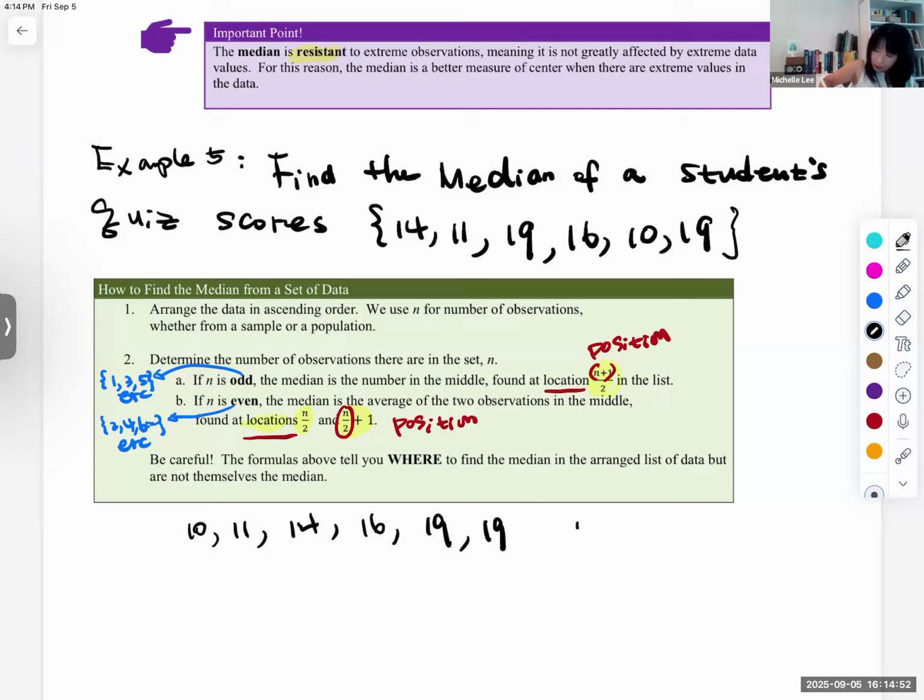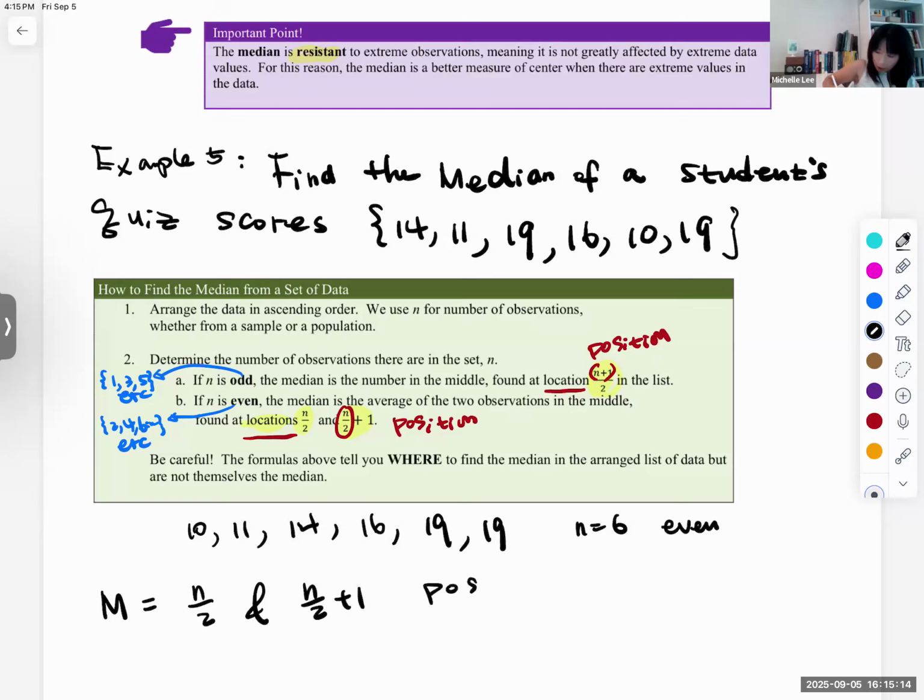So n equal to 6. All right, it's an even number. Then we follow the second part. When n is even, the median will be at location n over 2 and n over 2 plus 1 position.